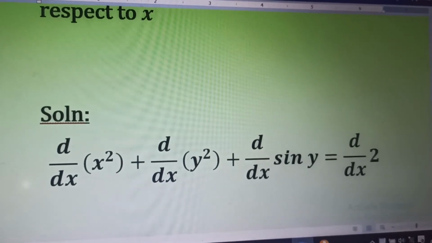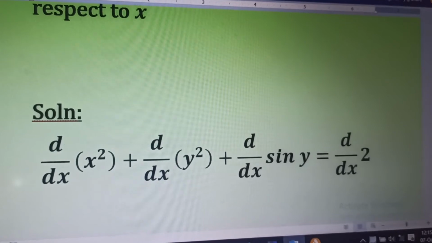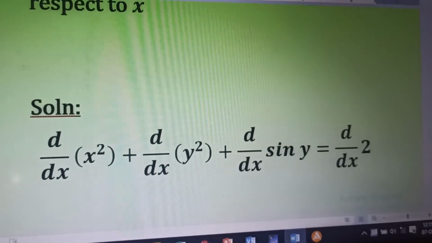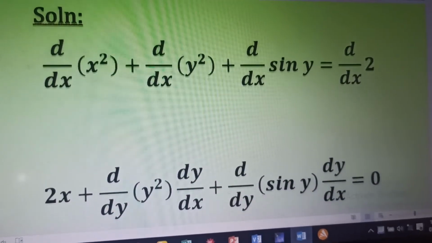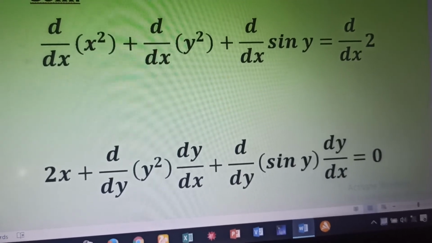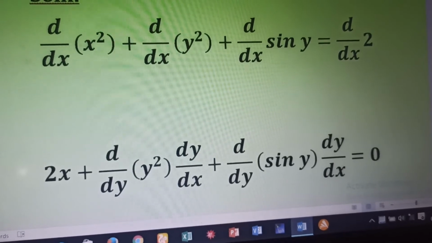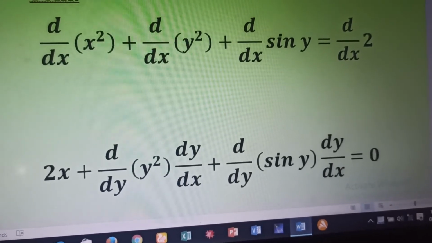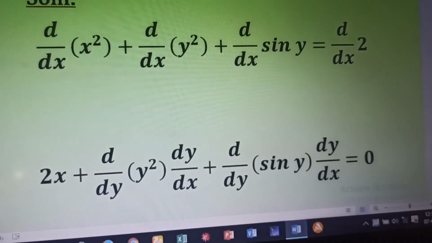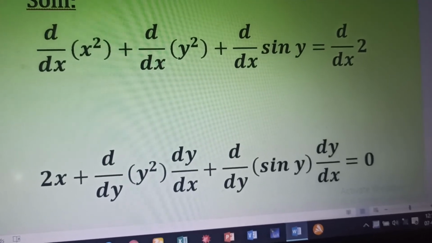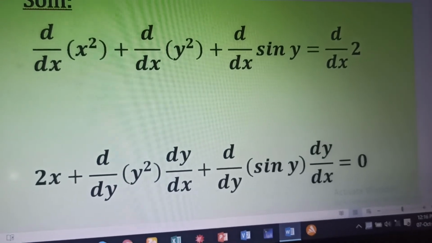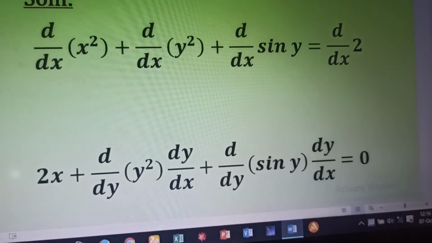That will be d dx of x squared plus d dx of y squared plus d dx of sine y equal to d dx of 2. d dx of x squared is 2x and d dx of y squared is d dy of y squared times dy dx, while d dx of sine y will be d dy of sine y multiplied by dy dx, and the derivative of 2 will be equal to 0.